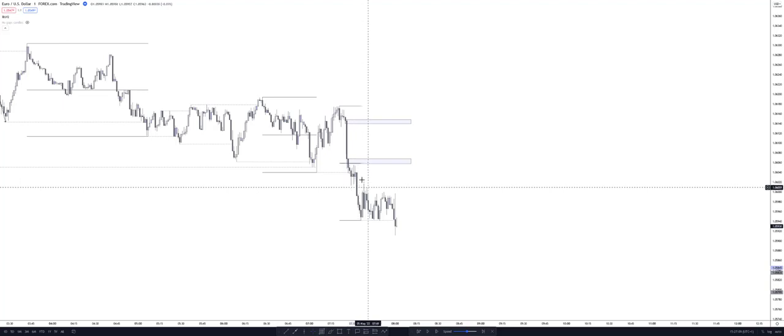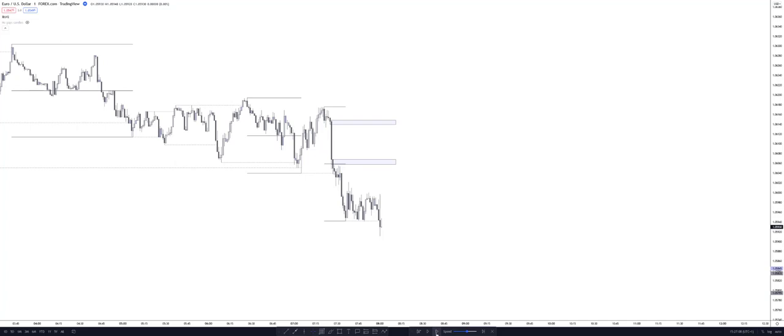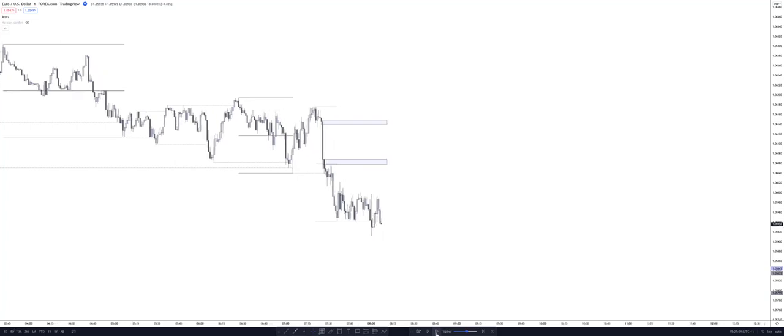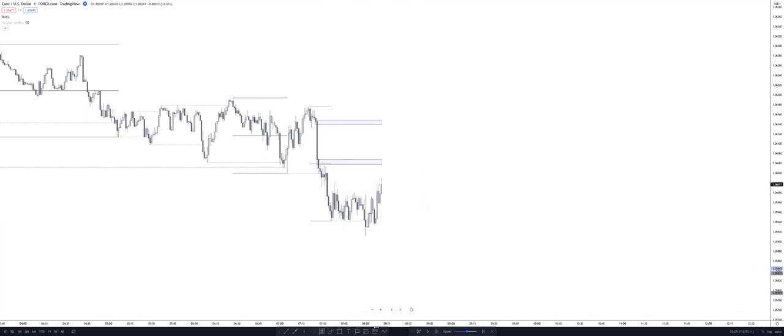It was always going to be inducement that was most likely going to get swept. So we play price forward, and what happens? Price comes into this, has a small reaction, and then breaks above it, as we suspected it would. The zones above are still valid for shorts.